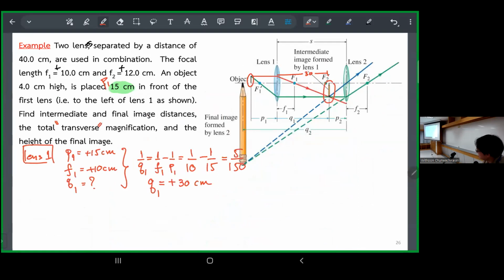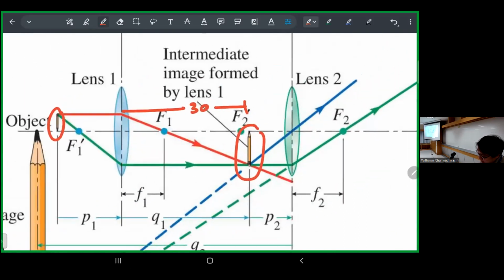So that's the location of your first image. Okay, cool. But then, because you know that the separation between these 2 lenses is 40, that means there is a 10 centimeter left right here. And that will be used as your object location for the second lens. Let me call this P sub 2. Yeah, nice.